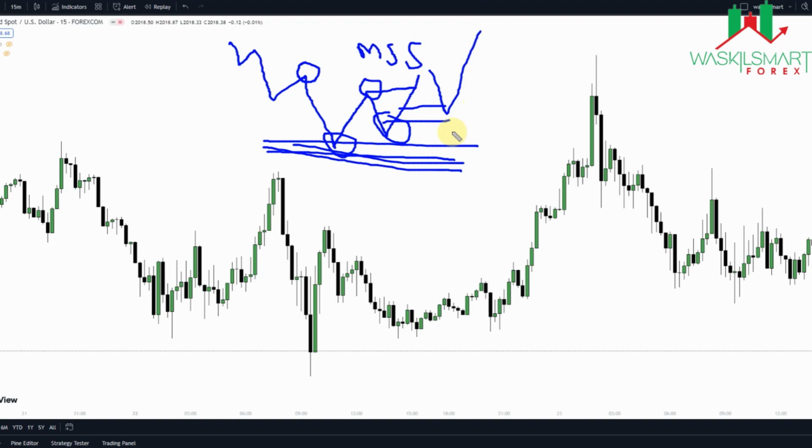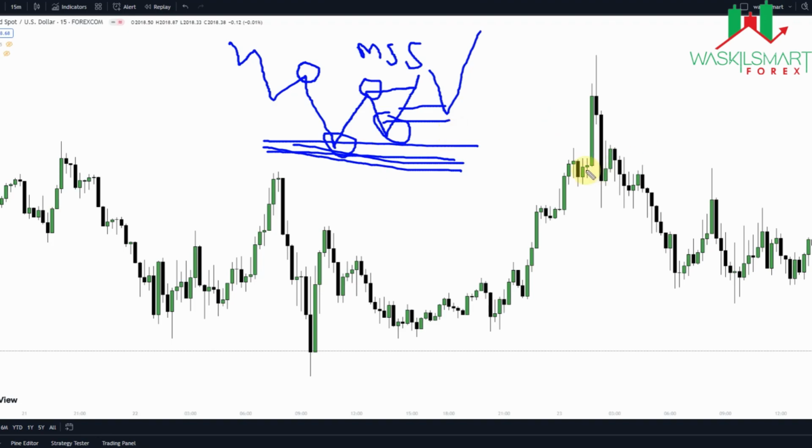Another important thing is that for you to use this kind of pattern or strategy, you need to understand the current market narrative. You need to understand what the market is actually doing at that particular point in time, what the market is trying to do or what it wants to offer.